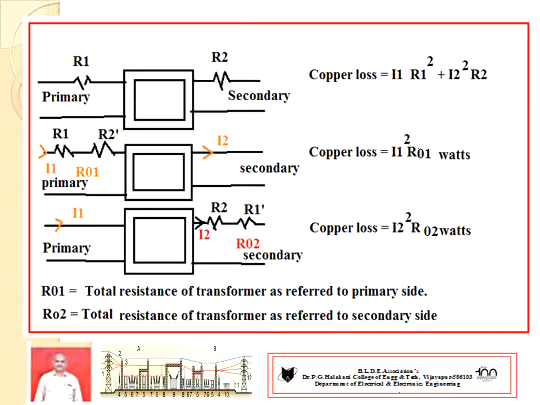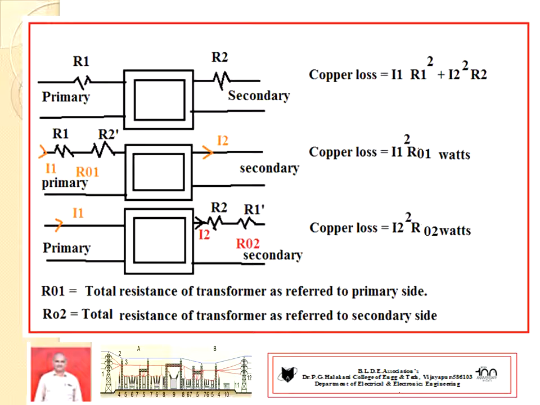Let R1 be the resistance of the primary winding and R2 be the resistance of the secondary winding. It is well known that primary means the input side, input current is I1, and secondary means the output side, I2 is the output current.